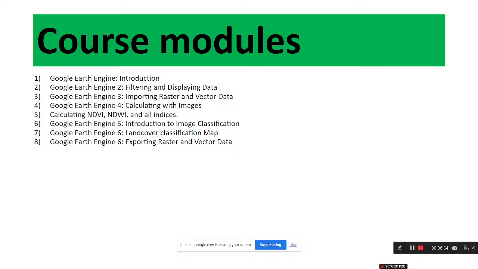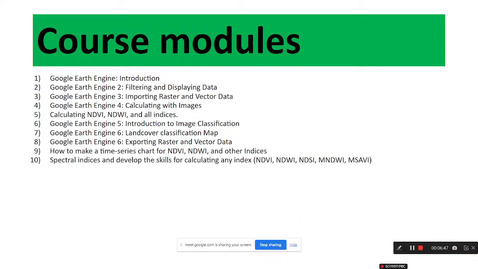Then how to make a time series chart of NDVI, NDWI, or other indices over a specific period. Then how to make spectral indices and develop the skill for calculating any index, it can be NDVI, NDWI, or any other index.